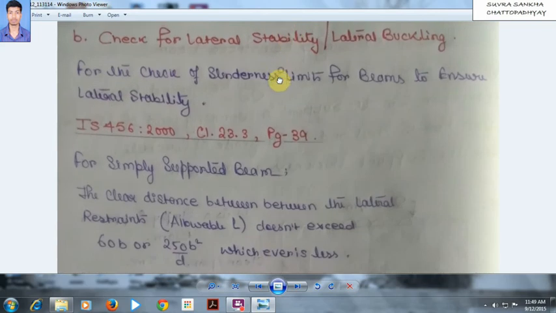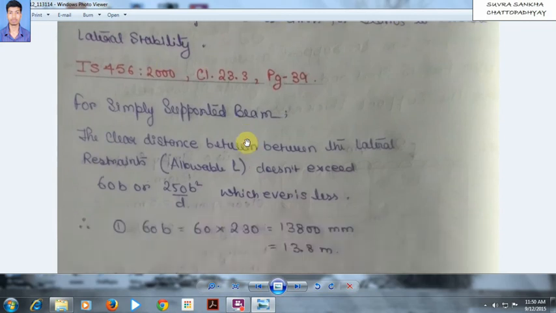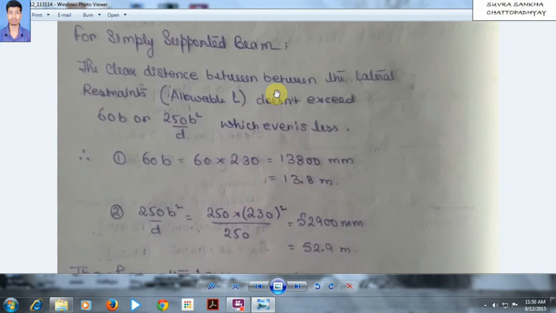Now the second part of this first step is the check for lateral stability or lateral buckling. For checking the slenderness limit of the beam to ensure lateral stability, we refer to IS 456:2000 clause number 23.3, page number 39. For a simply supported beam, the clear distance between the lateral restraints should not exceed 60b or 250b square by d, whichever is less.